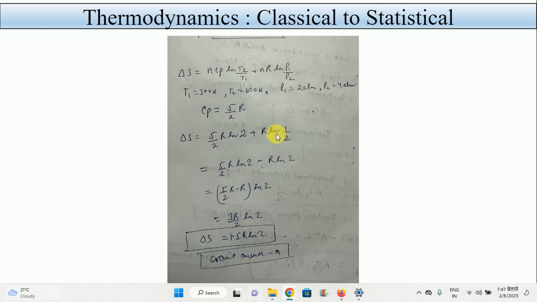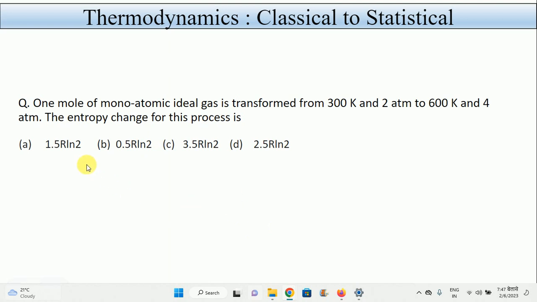You can write it as minus R ln 2 as well. So 5 by 2 R ln 2 minus R ln 2 gives 5 by 2 R minus R, ln 2. So this is 3 by 2 R ln 2, that is 1.5 R ln 2. The correct answer is 1.5 R ln 2. This is option A.